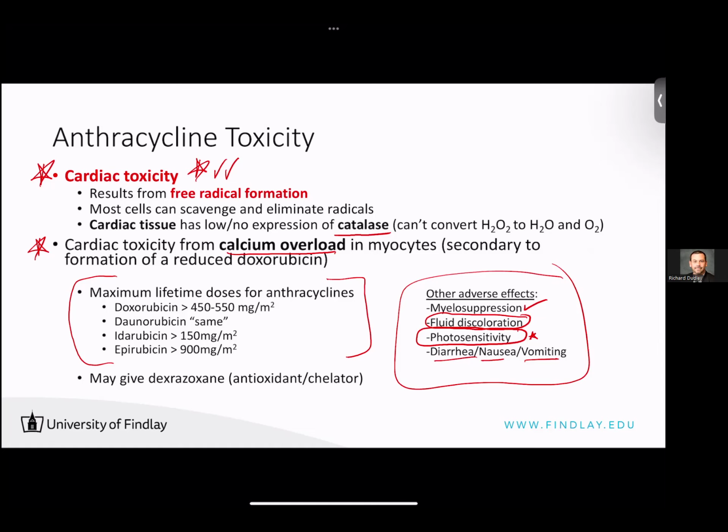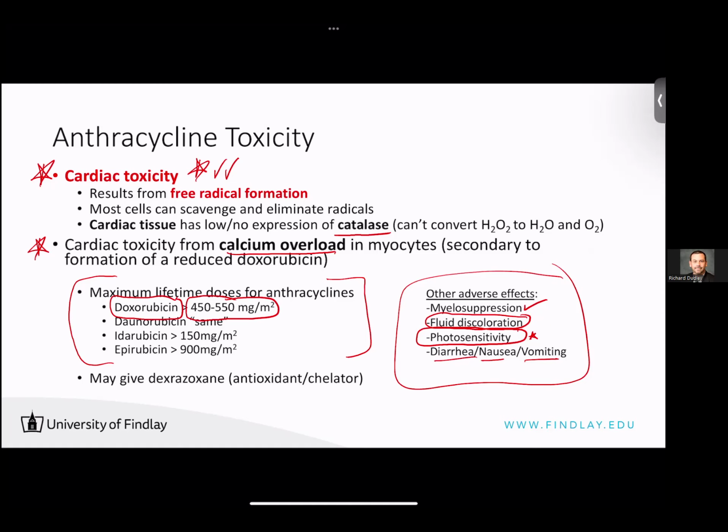And the guidelines have established maximum lifetime doses for anthracyclines. Somebody who is getting doxorubicin to treat their first cancer, let's say, once they start to approach 450 to 550 milligrams per meter square total, that's about it.